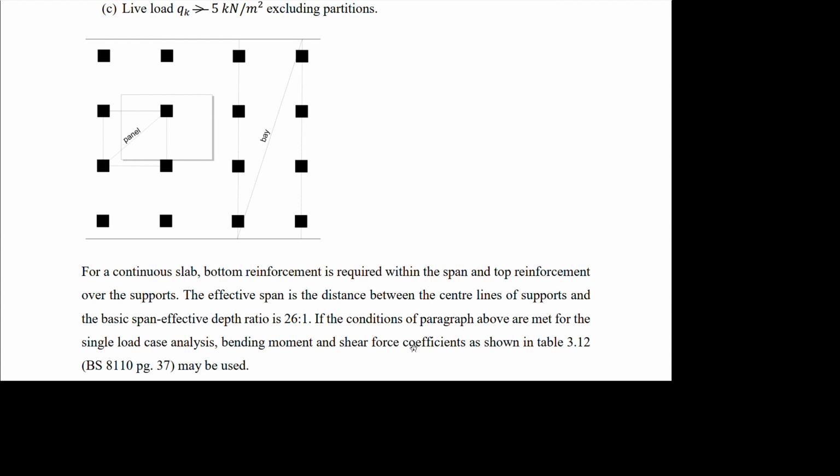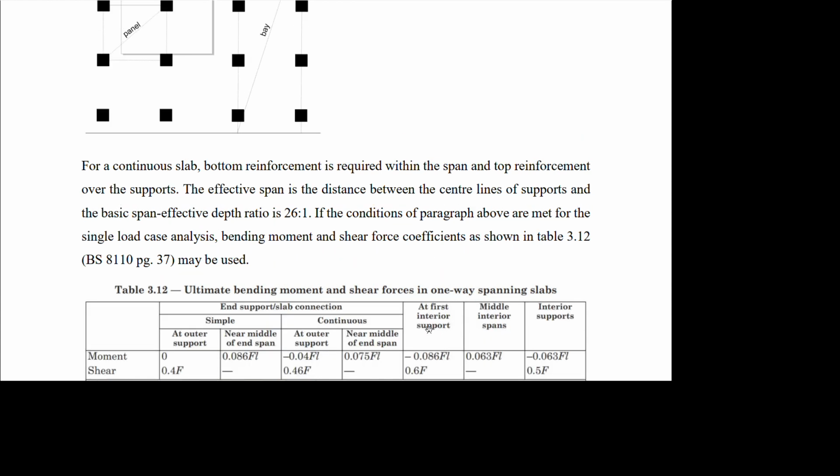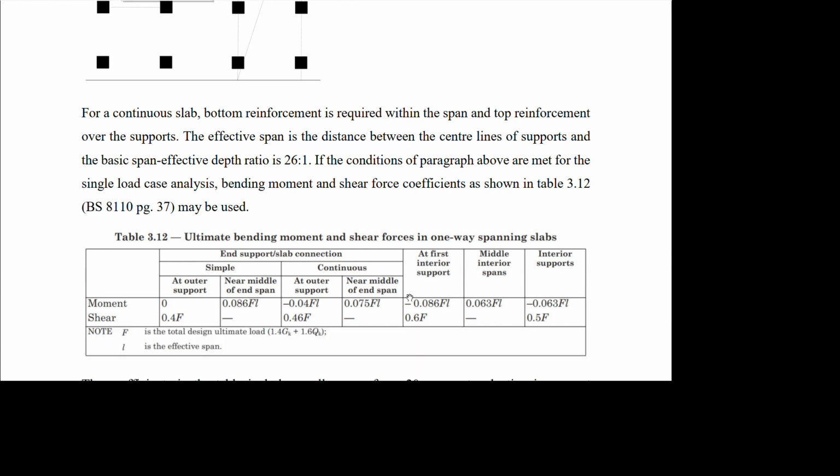So for the effective span, the basic span effective depth ratio is around 26:1, and you can see that in table 3.9 of your BS 8110. As you can see, on page 37 of your BS 8110, you see this table where you will select your moment for each of the support conditions, maybe for continuous, and maybe if it is simple.